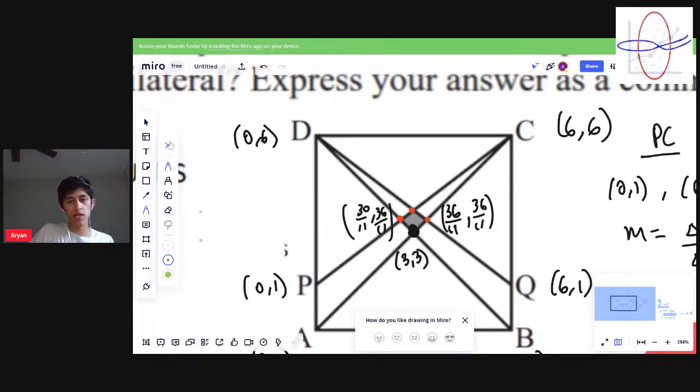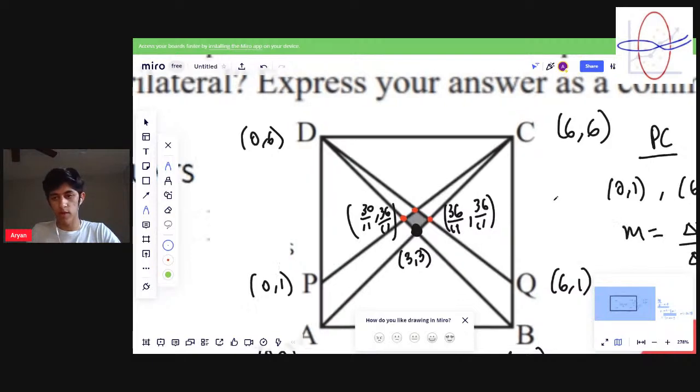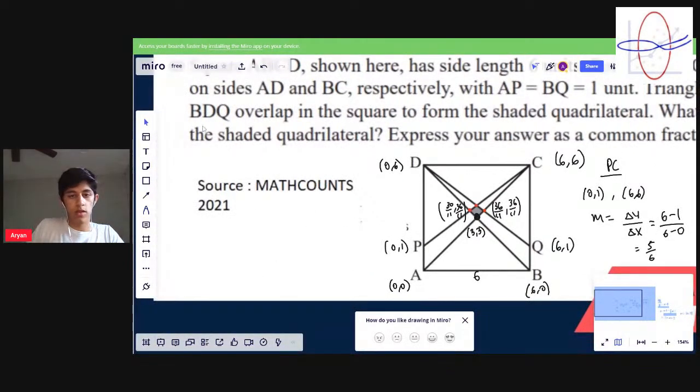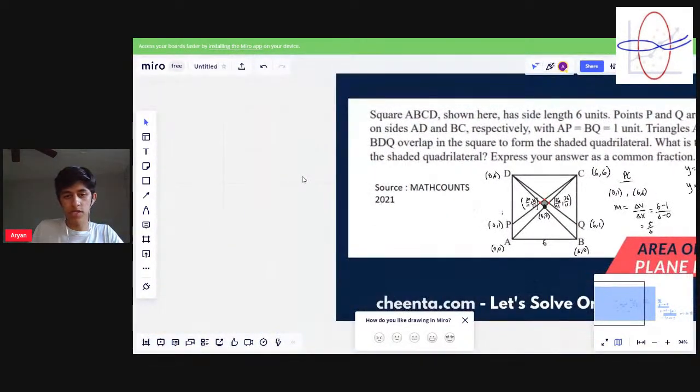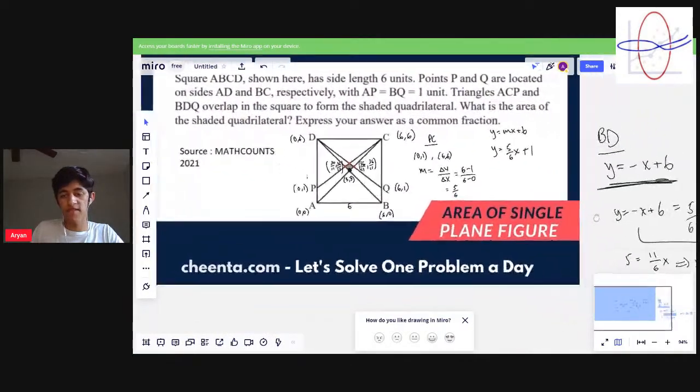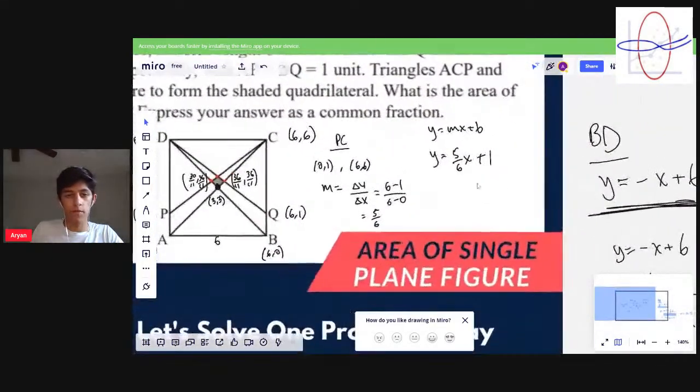So this will take a little bit of work, but it's not too bad because we already have the equation for PC, right? PC is already found, and we could confirm. PC we found to be 5/6 x plus 1, right?